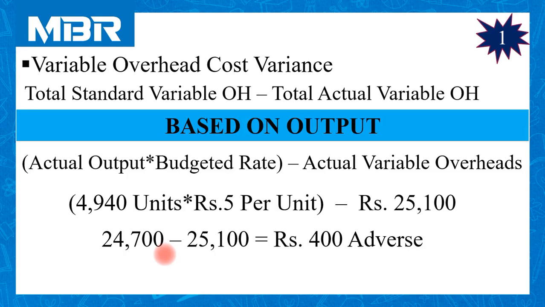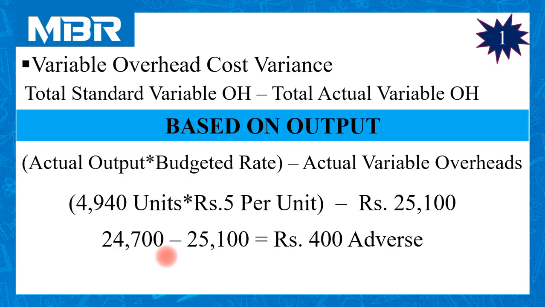At this point of calculation, I would like to inform you that these are the alternative methods of calculation. You can calculate based on hours or you can calculate based on output. In both the situations, your final answer remains same.